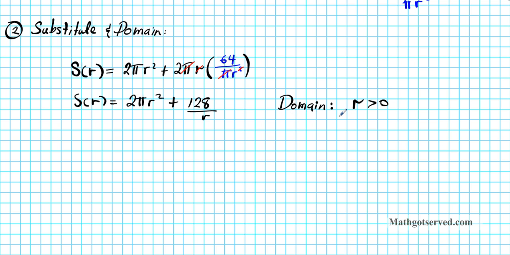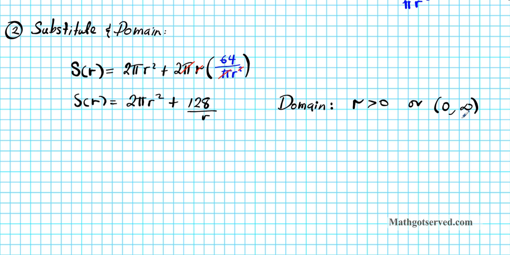Okay? Now, if r approaches infinity, what happens? If r approaches infinity, this term goes to 0, and this term dominates. It gets infinitely large. All right? So what does that tell us? It tells us that there are no constraints on r as long as it's bigger than 0. So our domain is r is greater than 0, or you can write it as 0 to infinity.